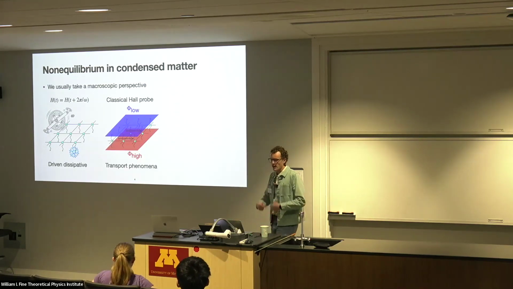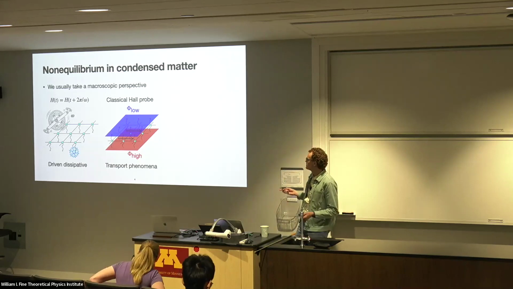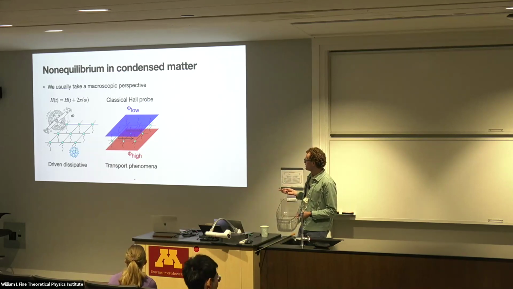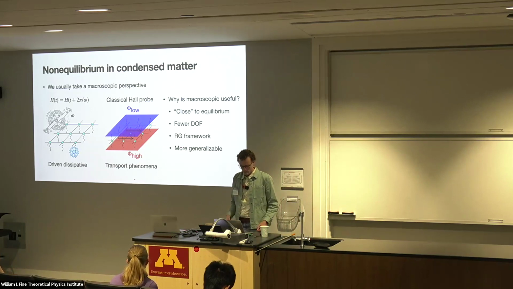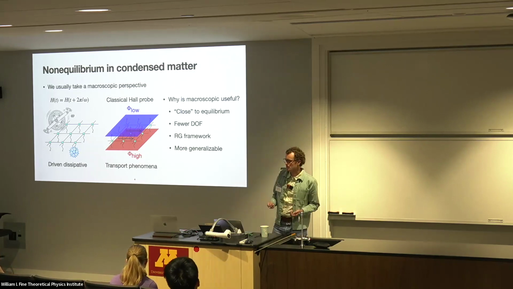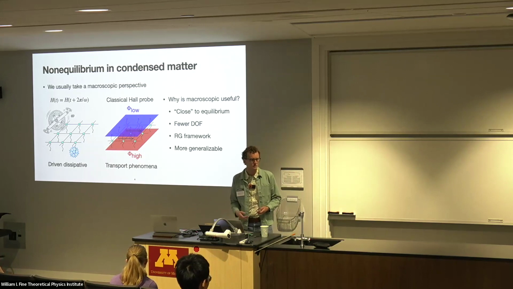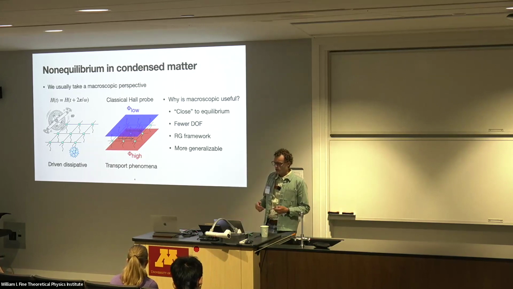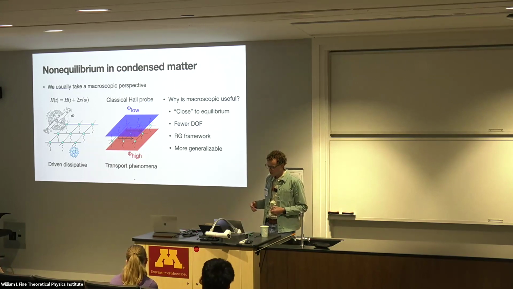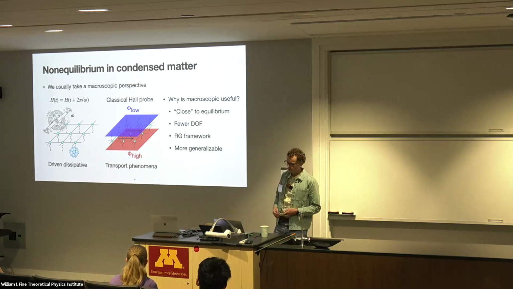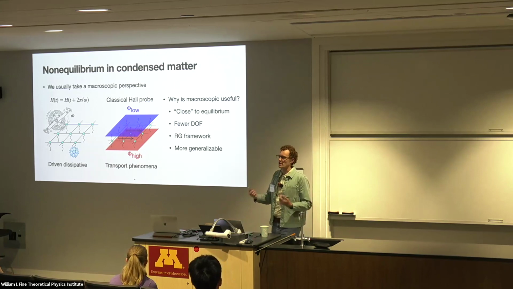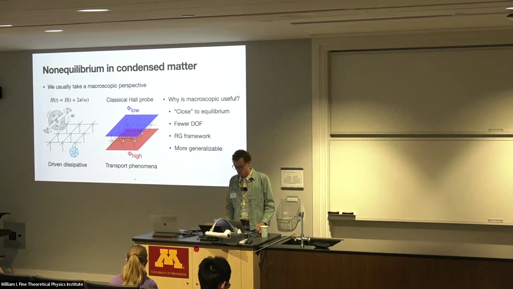Maybe in a classical Hall type setup, you have a high voltage side and a low voltage side, and that drives currents from high to low voltage, but maybe it also drives some transverse currents. These macroscopic perspectives are useful because they allow us to talk about the system when it's closer to equilibrium. There are fewer degrees of freedom to keep track of, and maybe it's easier to generalize. Maybe you can talk about some RG or something like that.